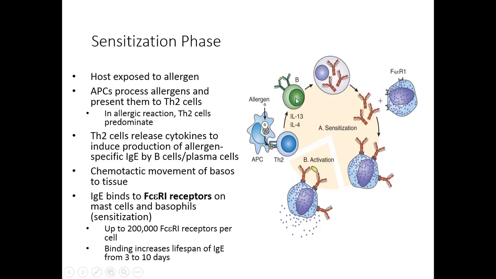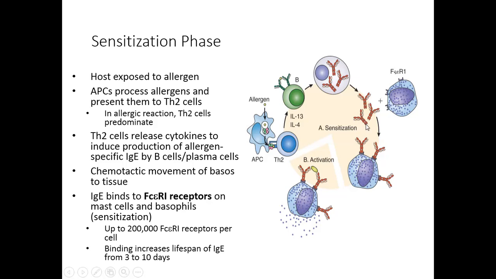The B cells are differentiated, as I said, to produce IgE antibodies. This is supposed to be a plasma cell at this point. And IgE antibodies are released. IgE, the Fc portion, remember this is the Fc portion, that's the Fab portion up here.